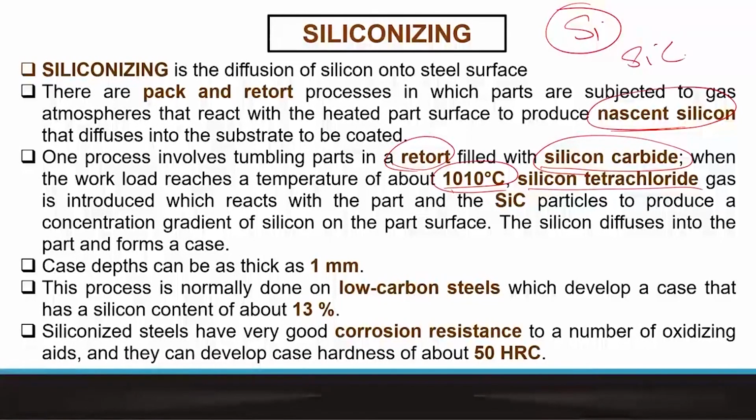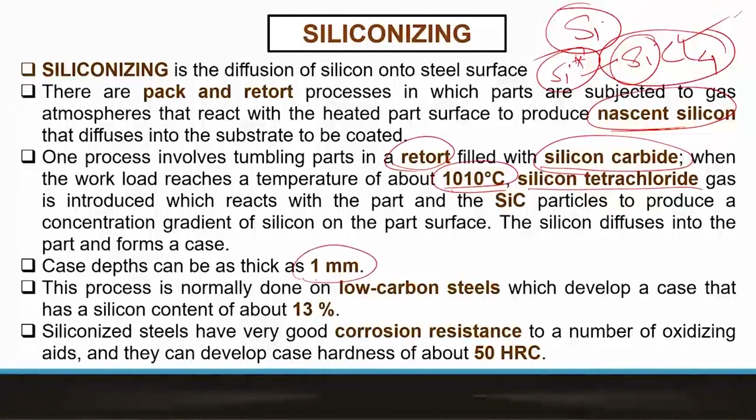This silicon tetrachloride at that high temperature has a tendency of cracking and liberating silicon in atomic or nascent form, and that silicon gets adsorbed to the surface and diffuses in. We can go up to about a millimeter or 2 millimeters in thickness, depending on the time and temperature combination. One can apply this to low carbon steel or alloy steel and go to a silicon content as high as 10, 12, 13% or so.